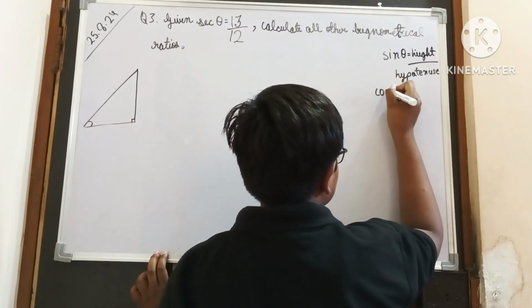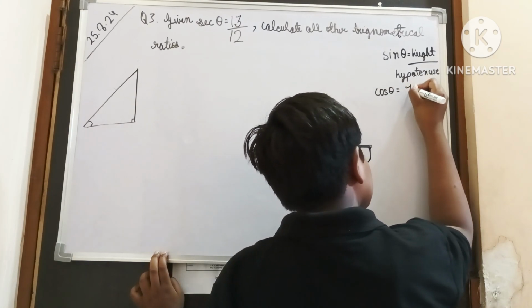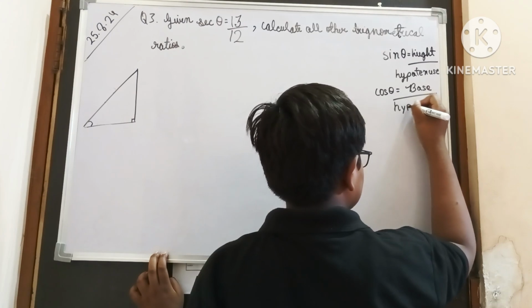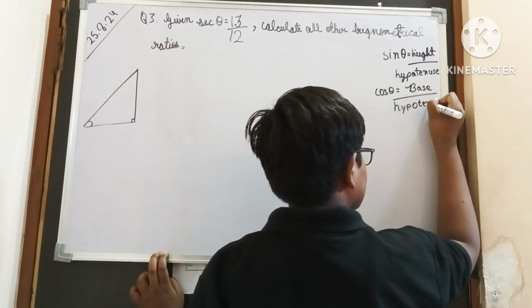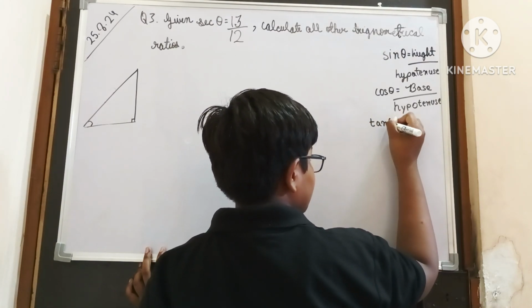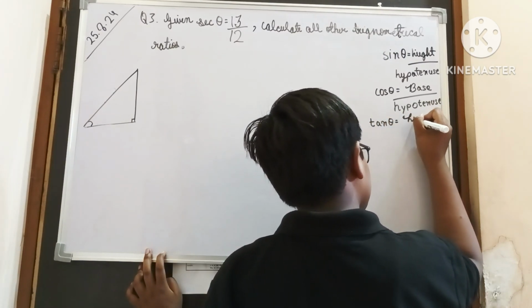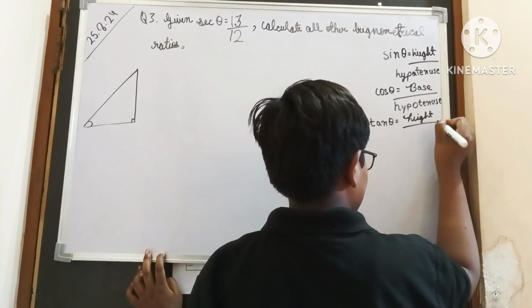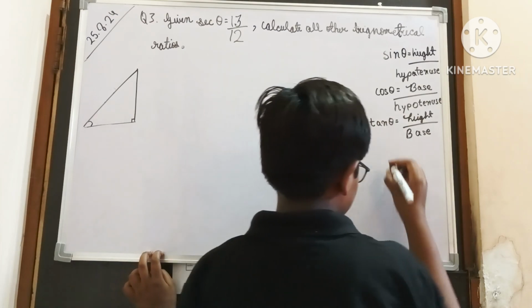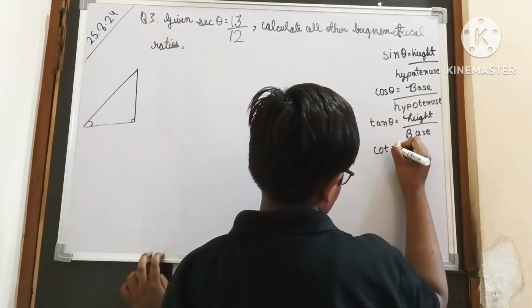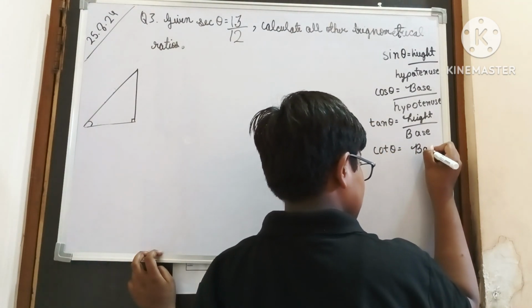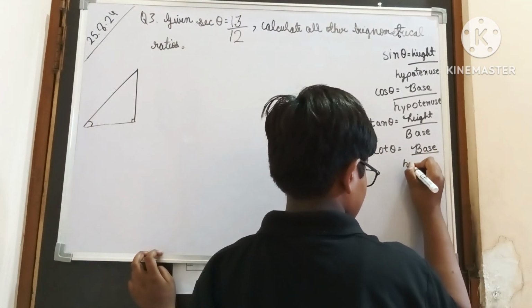Second is cos theta, which is base divided by hypotenuse. Third is tan theta, which is height divided by base. And fourth is cot theta, which is just the reciprocal of tan theta, which is base divided by height.